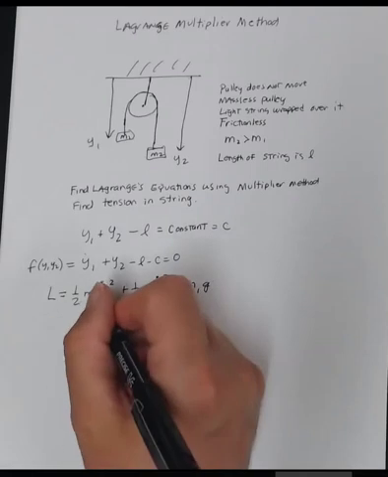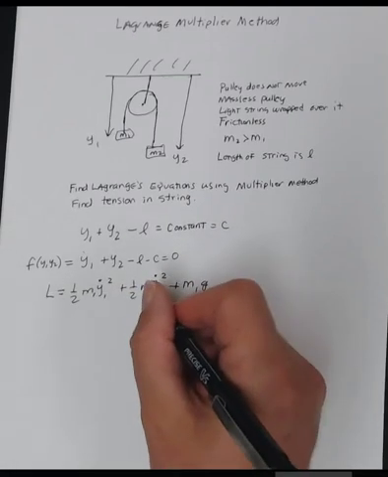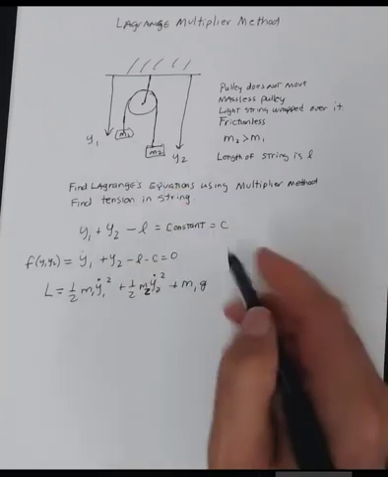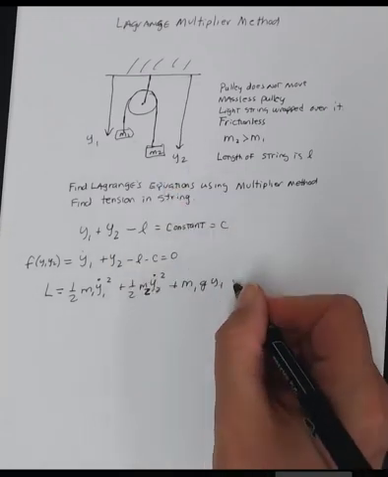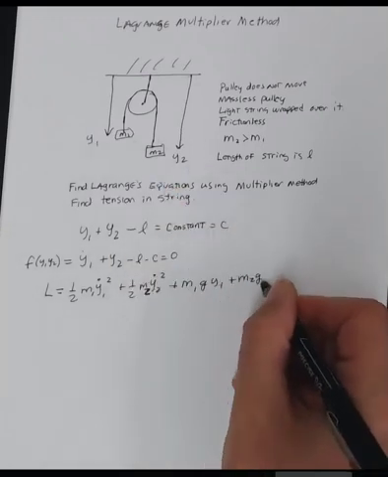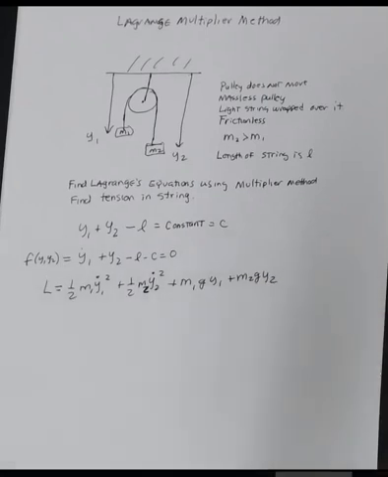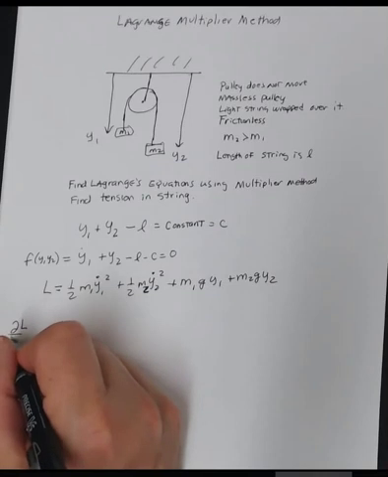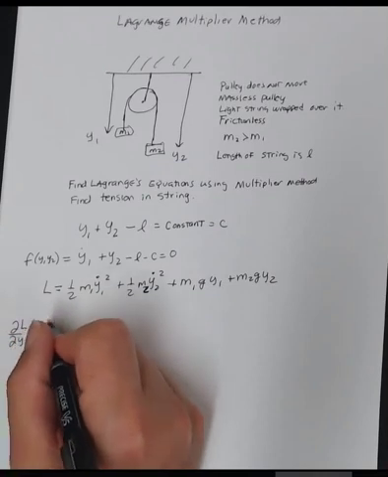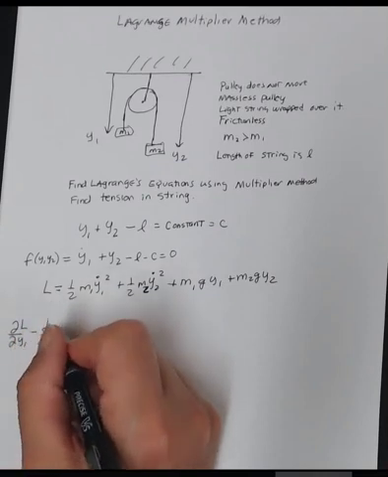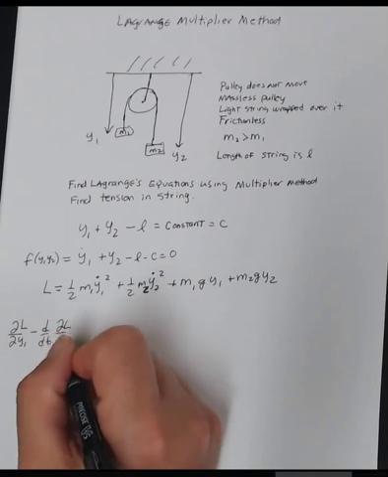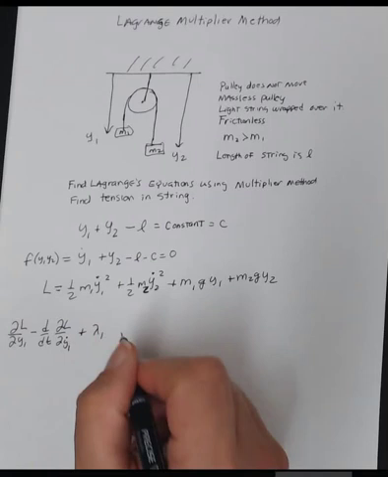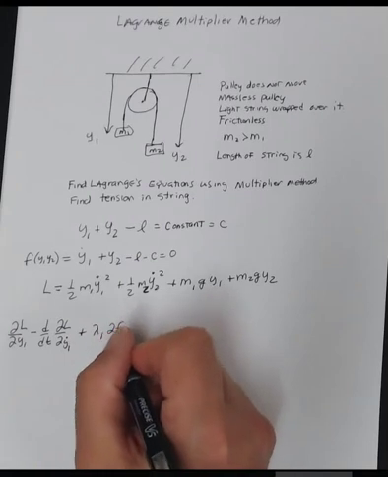Oh, this should be m1 and m2. I've got to be careful here. Those are two different masses. So that ought to be my Lagrangian. I only have one Lagrange multiplier because I only have one equation of constraint.